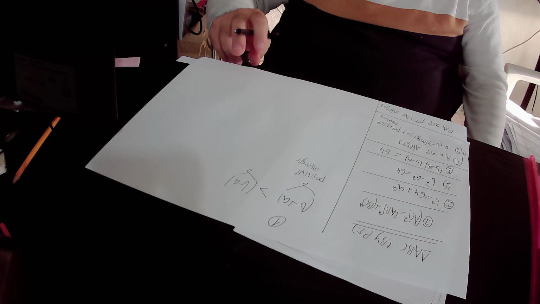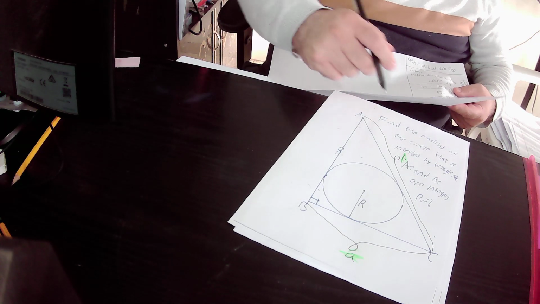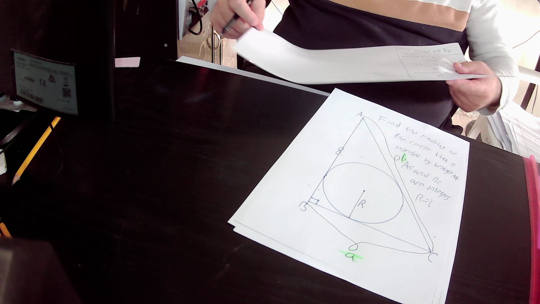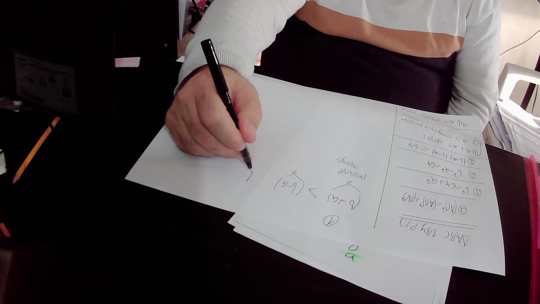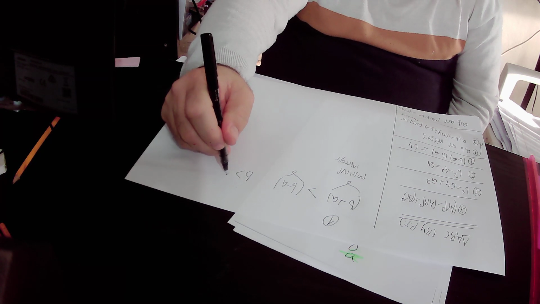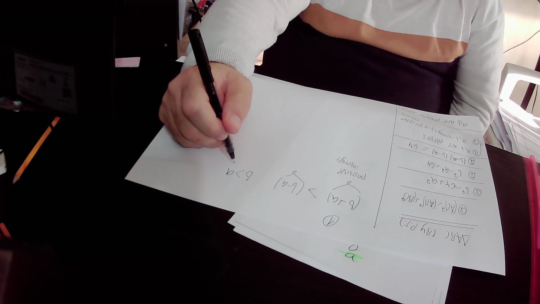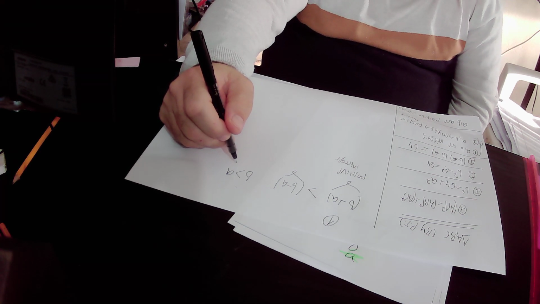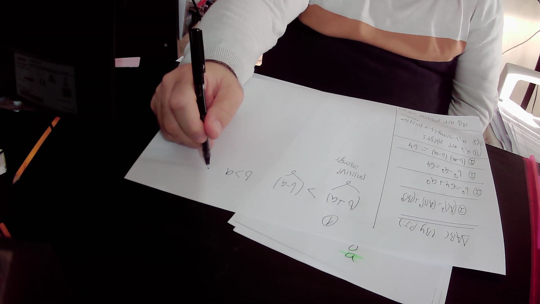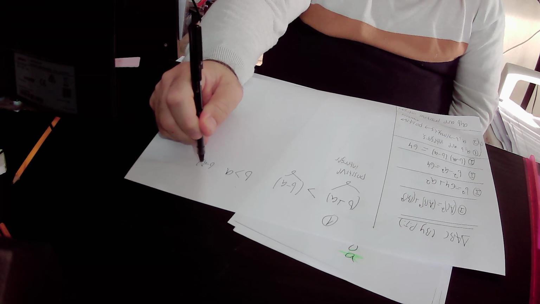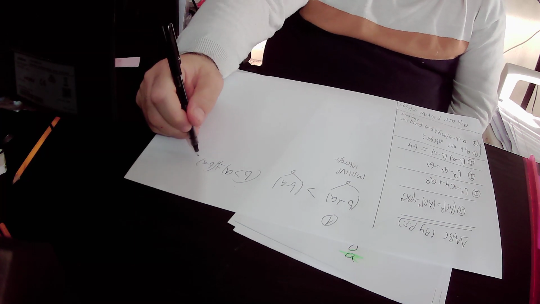And we also know that B is the hypotenuse of the right triangle ABC, and the hypotenuse is always greater than the perpendiculars. That is to say, B is greater than A. It is always true that B must be greater than A. So if we subtract A from this inequality, we get that B minus A is greater than 0.